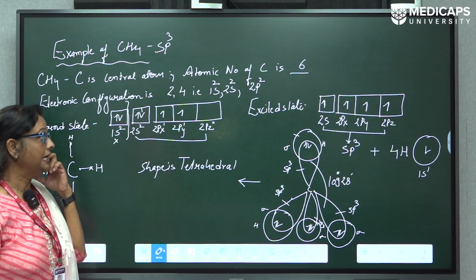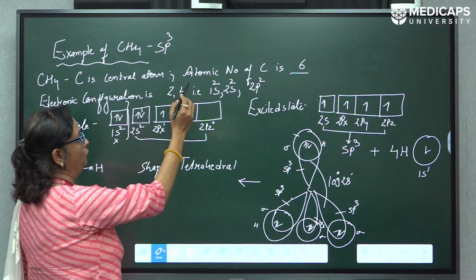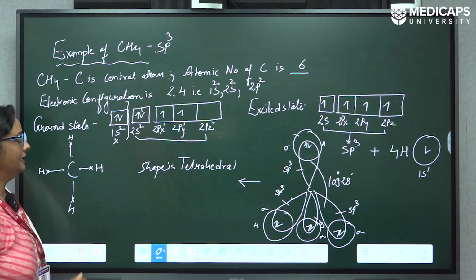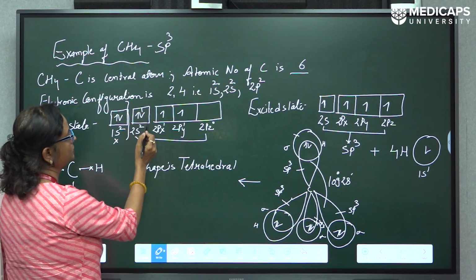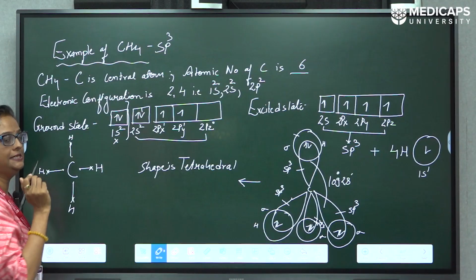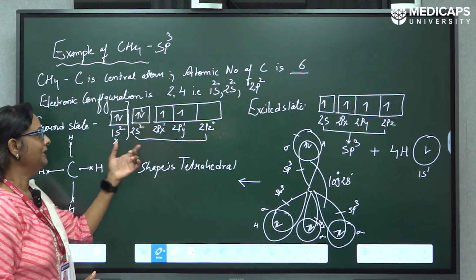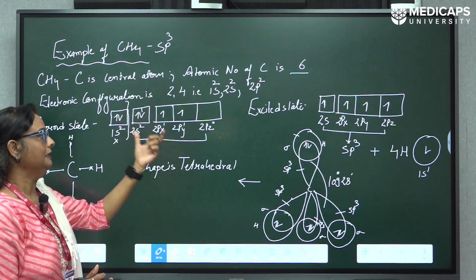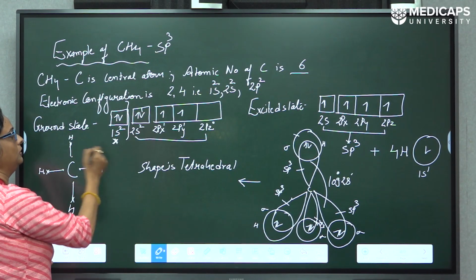Its electronic configuration is 2, 4: 1s2, 2s2 and 2p2. In the ground state, the orbital diagram is 1s2, 2s2, 2px1 and 2py1, and 2pz is vacant. As we know, according to valence bond theory, only the valence orbitals will take part in bonding, but the inner orbitals will not take part.